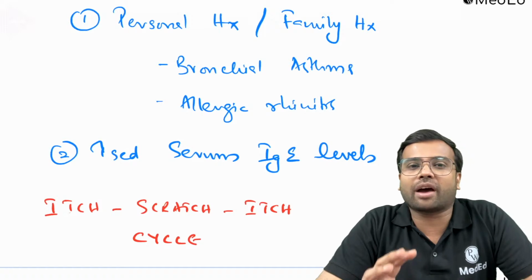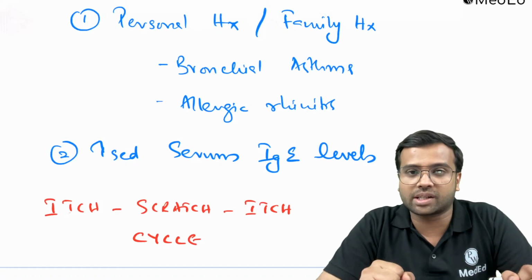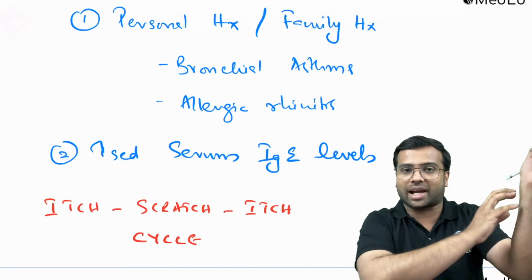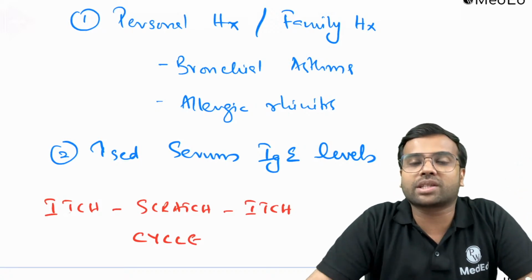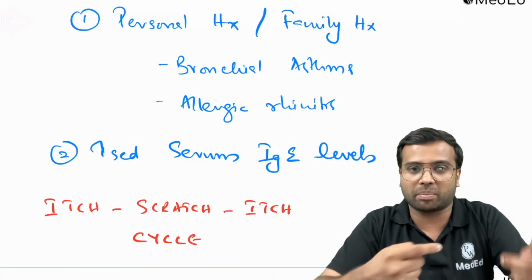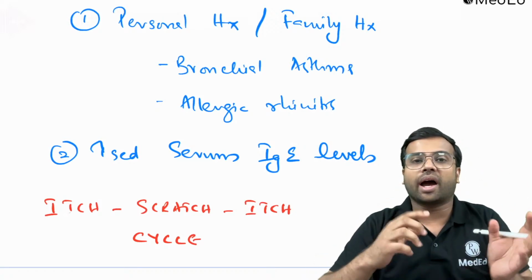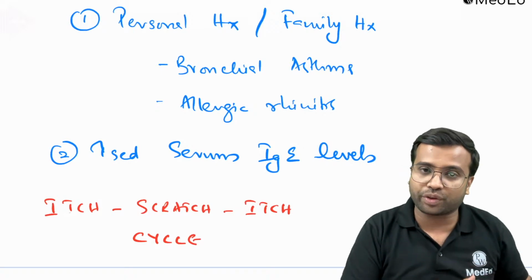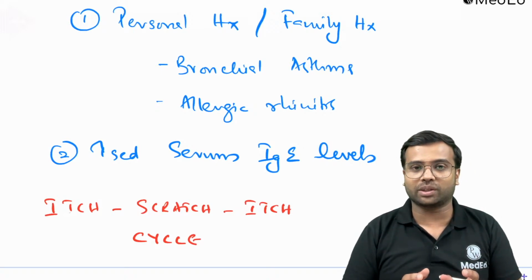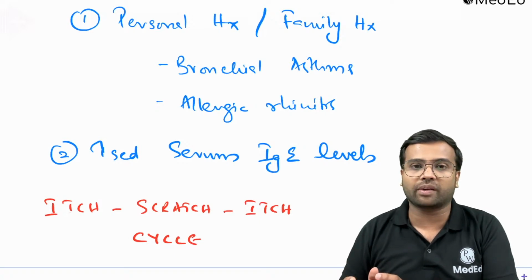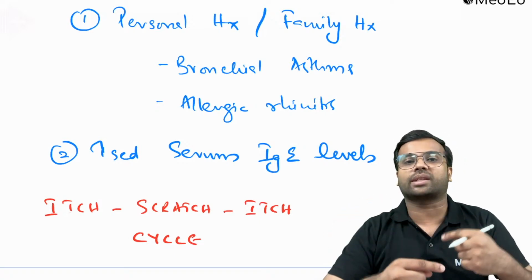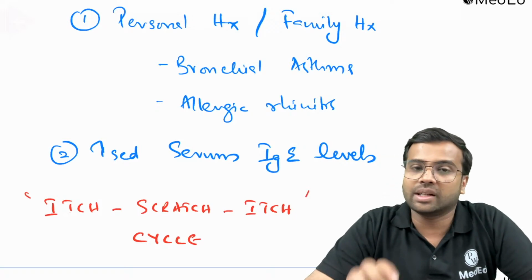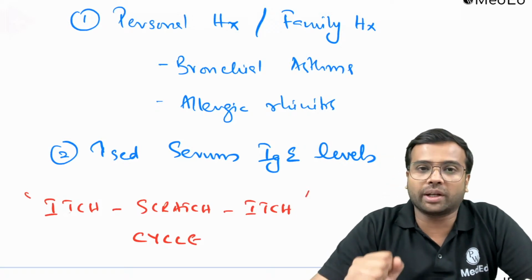The patient has a sensation of itchiness. Whenever a patient gets the sensation of itch, they obviously scratch the skin. Once the patient scratches the skin, a rash develops as well, and this continues just like a cycle. Hence we call it the itch, scratch, itch cycle. That is very typical of atopic dermatitis.